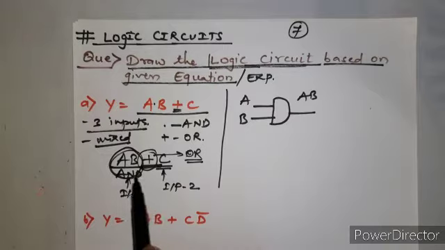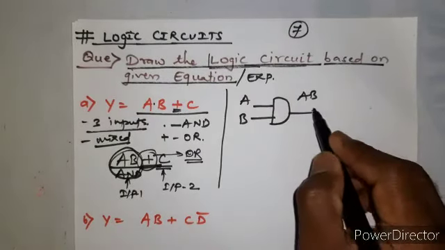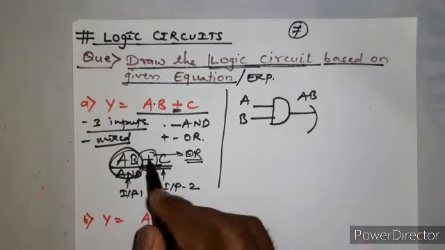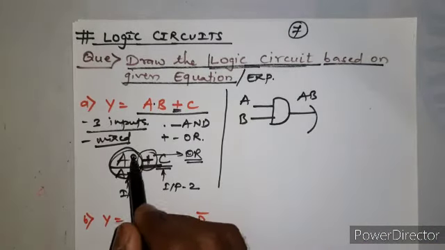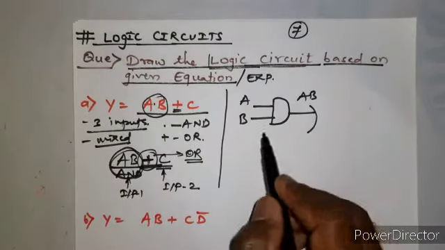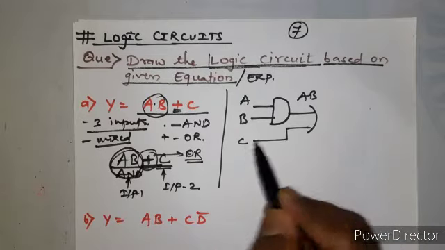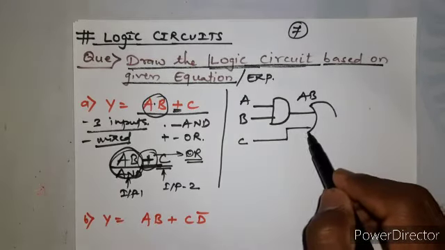ORing operation is done between these, so I need an OR gate. This OR gate has one input as AB, and another input as C.